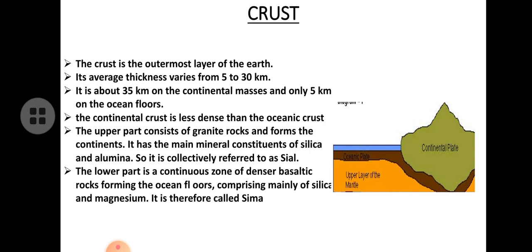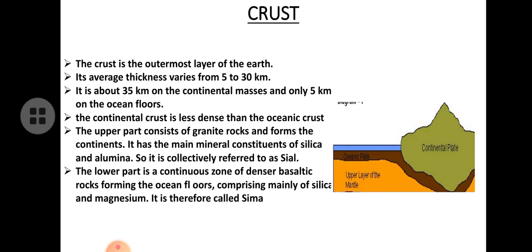Don't look at that orange color, that is the mantle, the next topic we are going to study. Look at the portion above the orange color, that is the crust. The outermost layer of the Earth is called the crust.